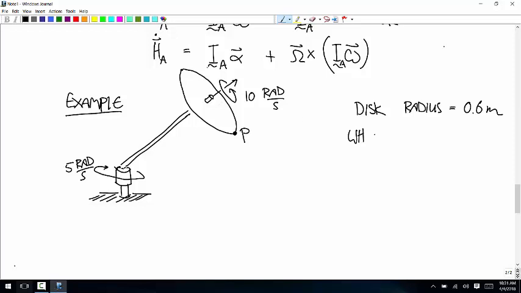Oh, I have to give the length of that too, but we're trying to find the acceleration of that point P. Okay, so let's say that the length of this arm is 1 meter. And this angle is 45 degrees.